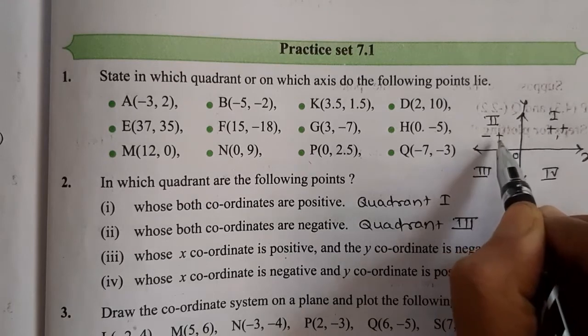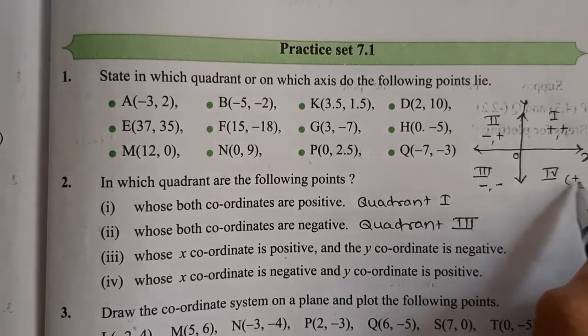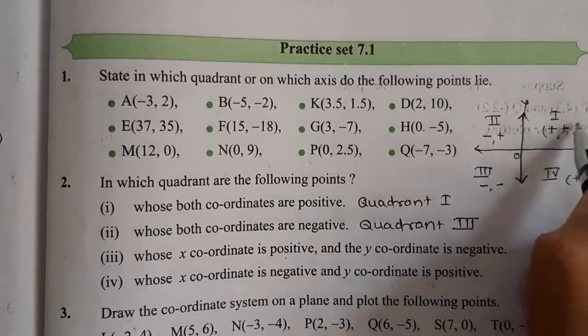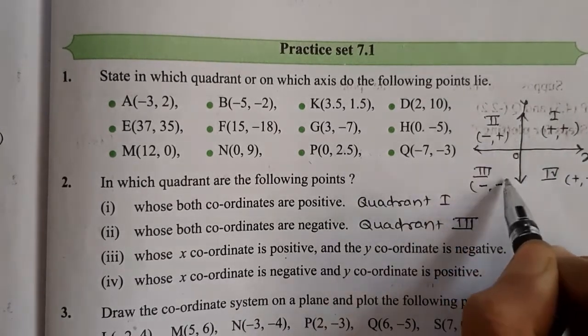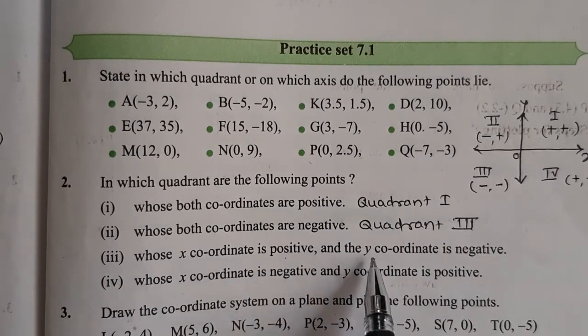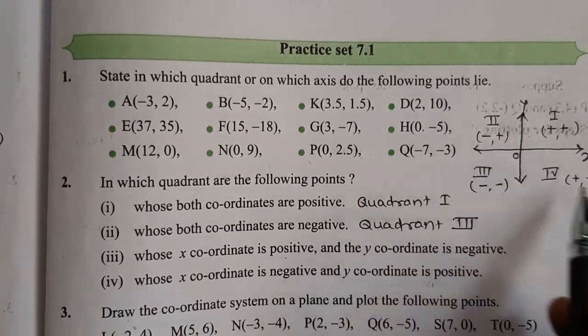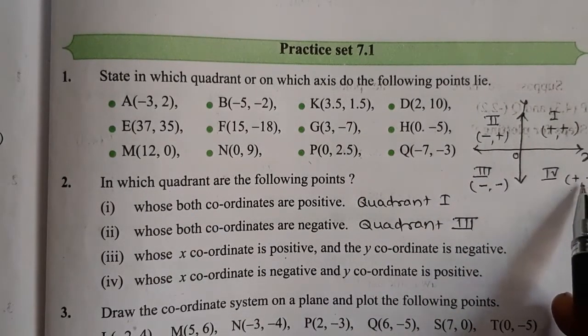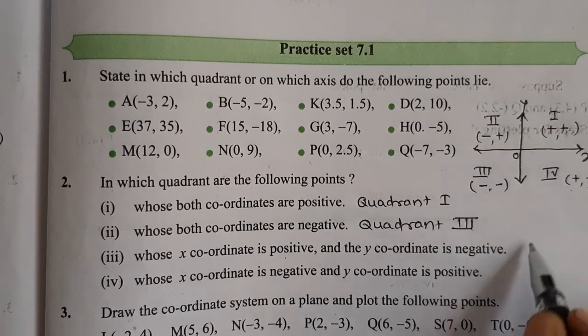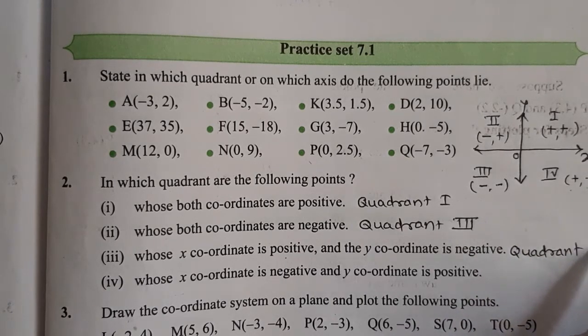Here minus, plus. Here minus, minus. And here plus, minus. According to this, for the point whose x coordinate is positive and y coordinate is negative, it lies in quadrant 4. So we can say here quadrant 4.